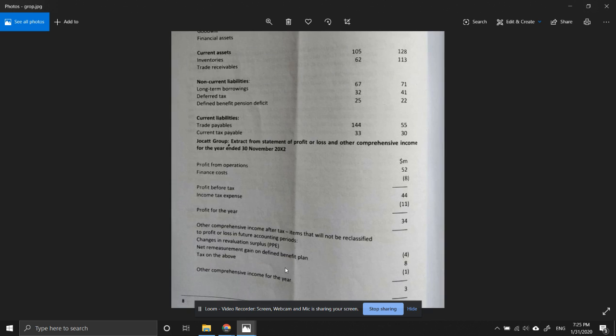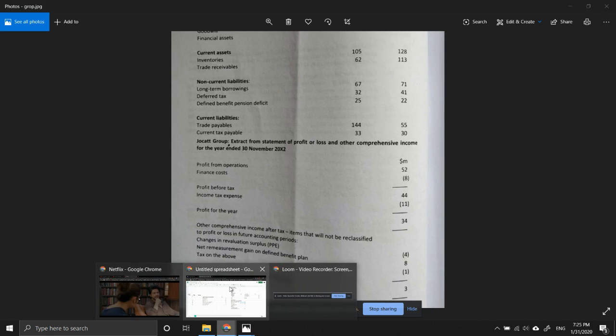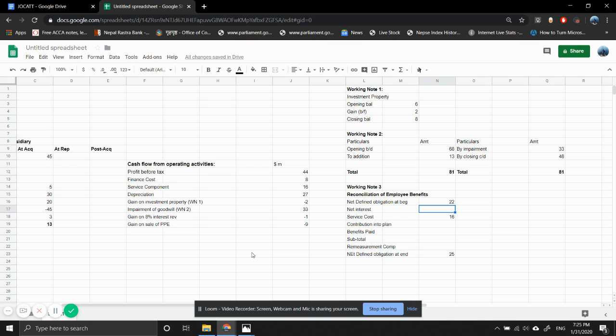Net remeasurement gain 8, and then this should be minus 8. Okay, so this figure should be this plus this, 17. That means what was the contribution into the plan?